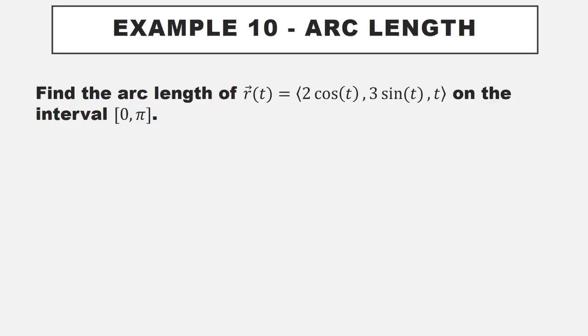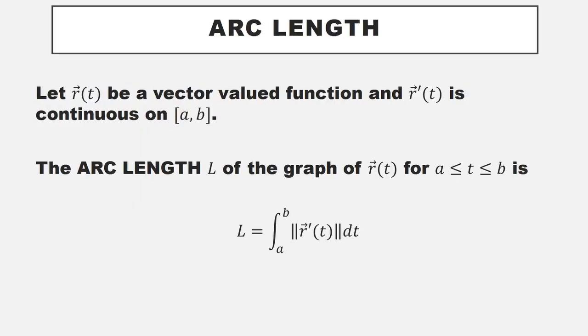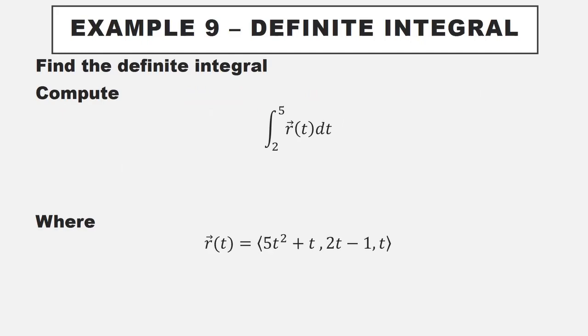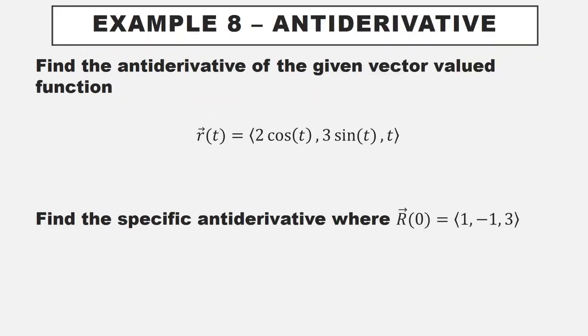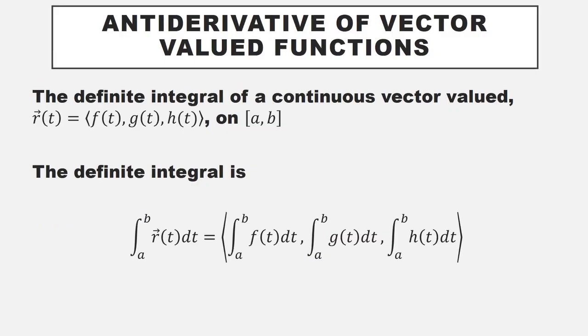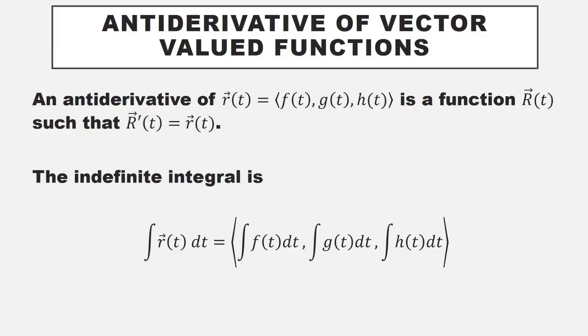So we saw a lot of things in this section. We saw arc length. We saw how to do definite integrals. We saw how to find specific antiderivatives. We saw how to find the class of antiderivatives, which is the indefinite integral.